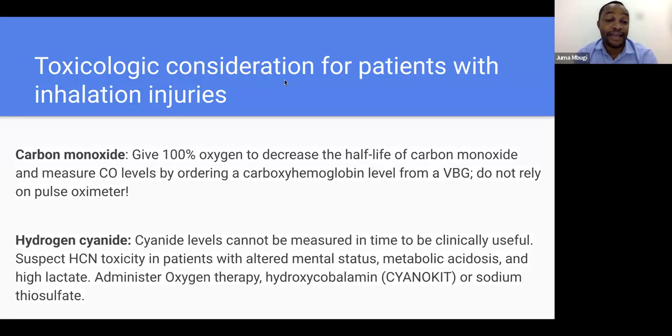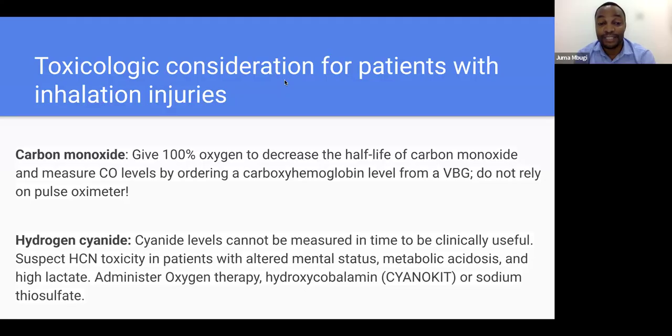So have a high level of suspicion for cyanide toxicity. Unfortunately, you cannot measure cyanide levels immediately, to have it on hand within a few minutes, so that cannot be clinically useful.